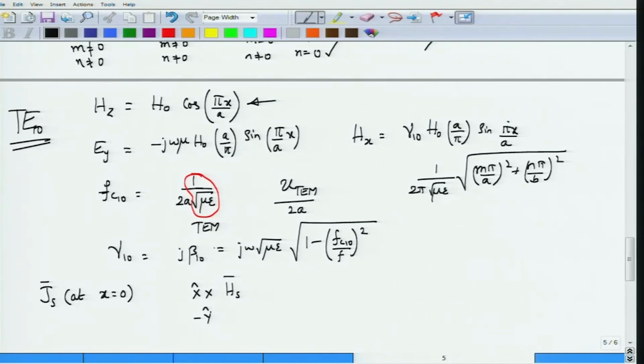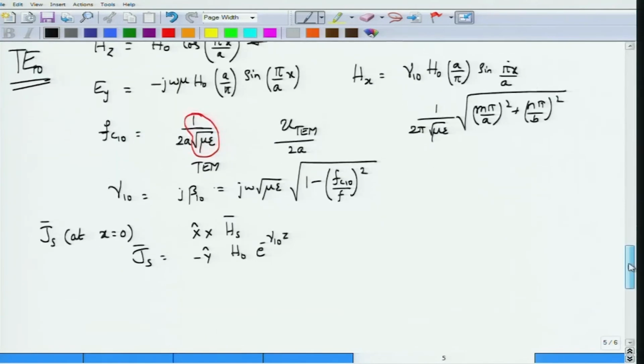So x cross z will be along minus y direction, and that would be h0, and that is exactly equal to the corresponding surface current. So Js is equal to minus y hat h0, substituting x equal to 0, and of course along z it would still go as e to the power minus gamma 10 z. For the case where f is greater than fc, this gamma 10 can be written as j beta 10.